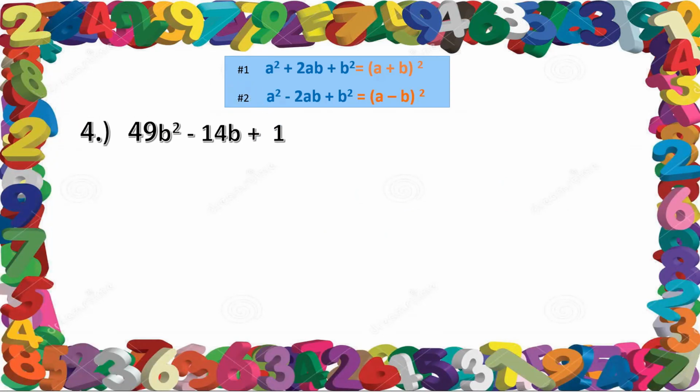For item number 4, we have 49b squared minus 14b plus 1. Now let's follow the pattern. Quantity, the square root of 49b squared is 7b. Now what operation must be used?